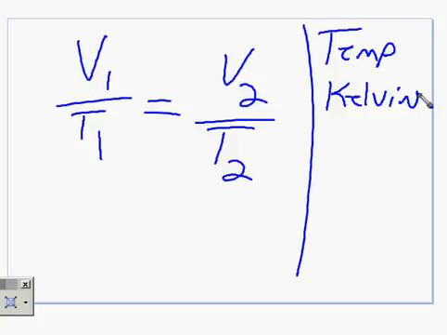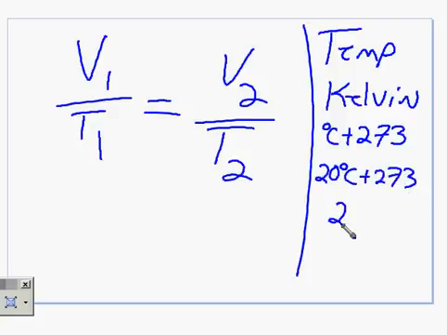Okay? So we need to know that Kelvin is degrees Celsius plus 273. All right? So if I told you the temperature was 20 degrees Celsius, what is that in Kelvin? 293. So it would be 20 plus 273 would give us an answer of 293 Kelvin.